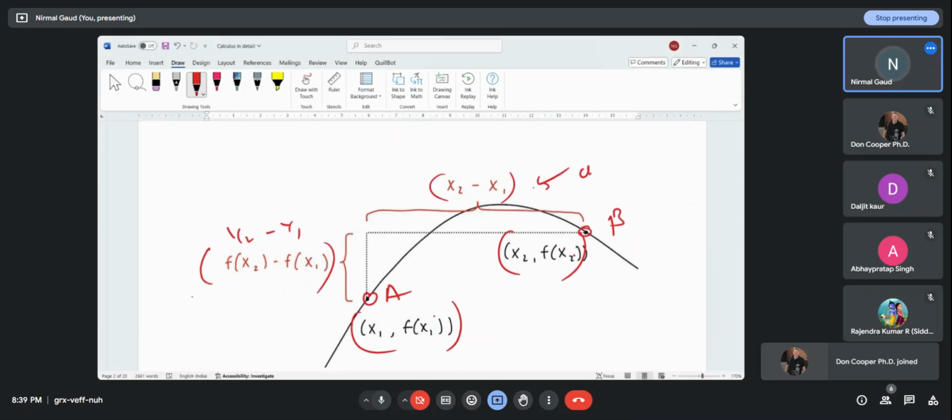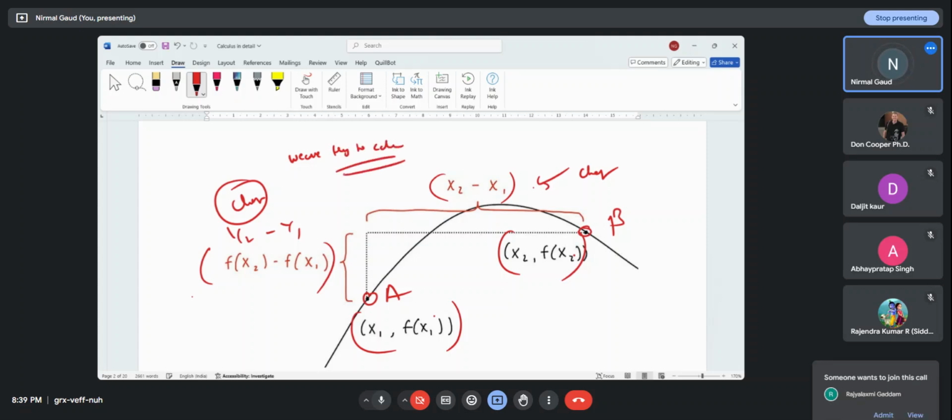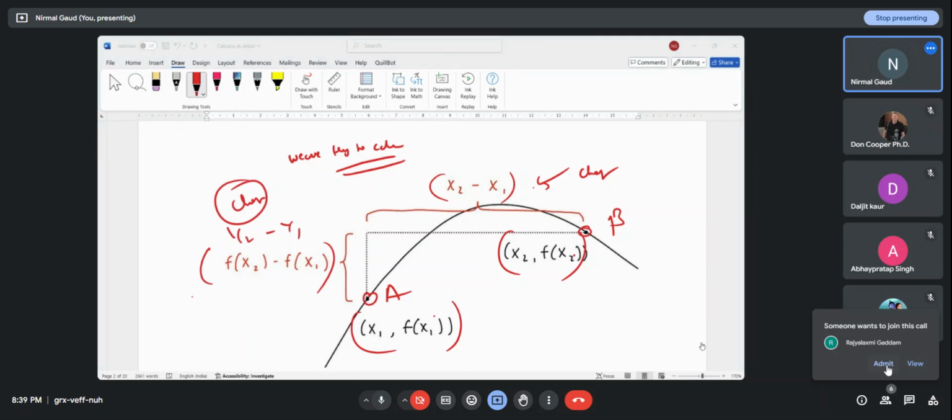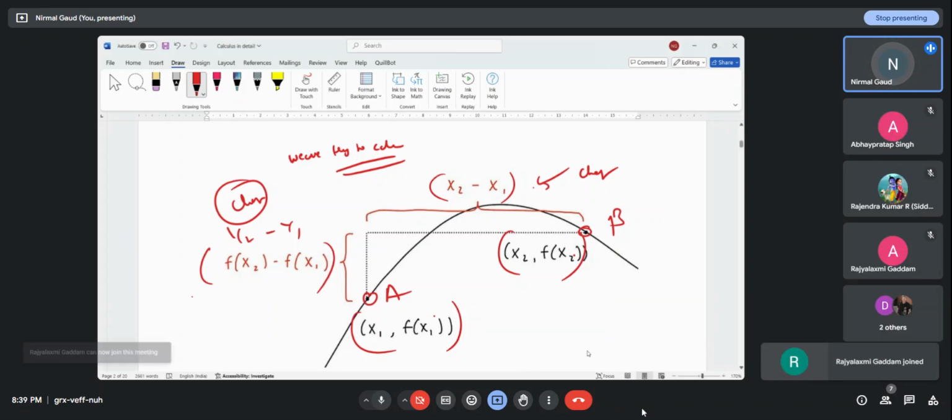It's a change, and y2 minus y1 is also a change. So we are trying to calculate change, rate of change, actually. If one term is changing, how it is impacting another term.